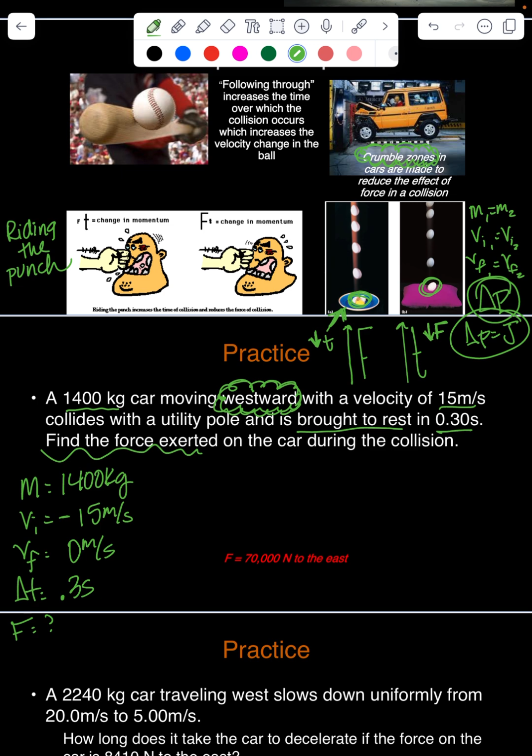All right, now here we are looking at a change in velocity. This car was moving and then it stopped moving. All right, so there is a change in velocity, which means we have a change in momentum. And we know that a change in momentum is caused by an impulse. We know that impulse is equal to that force that has been exerted over the amount of time that it's been exerted.